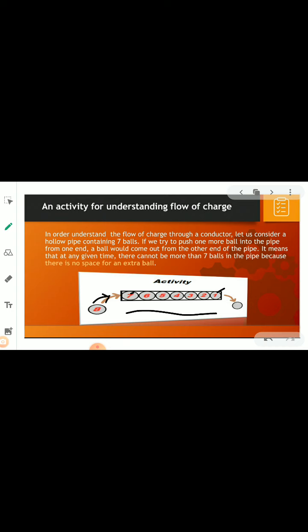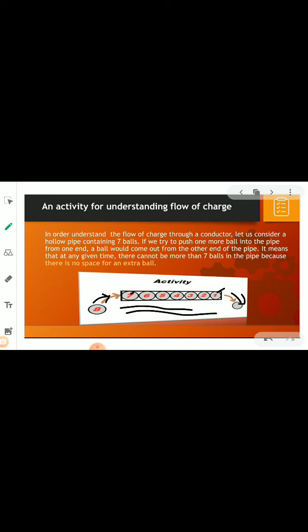If you try to push one more ball into this hollow pipe, a ball would come out from the other end of the pipe because there is no space for the other ball. It means that at any given time there cannot be more than 7 balls in the pipe, because there is no space for an extra ball.